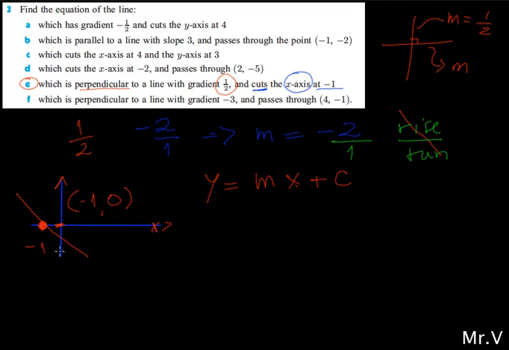To get there I have to go -2 units, so -1, -2, that's my rise, and then my run is 1, so I go over here.